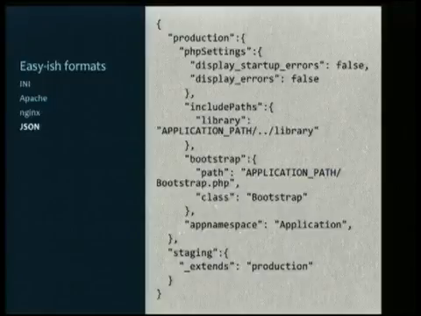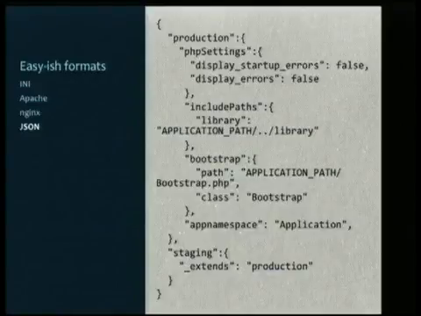Then you have JSON. This kind of worries me because Doug Crockford, when he came up with JSON, didn't think of it as a configuration format, more of a transmission format, a transfer format.